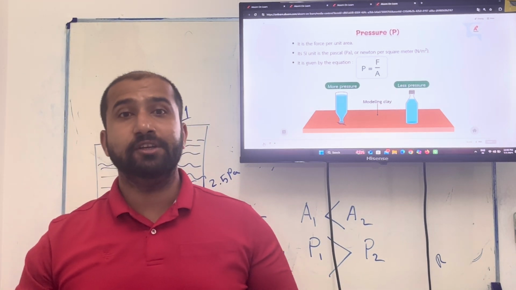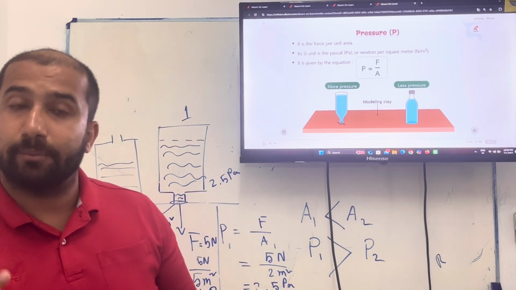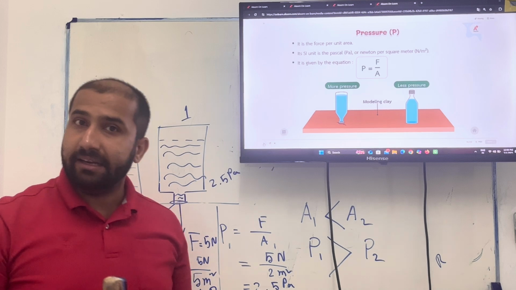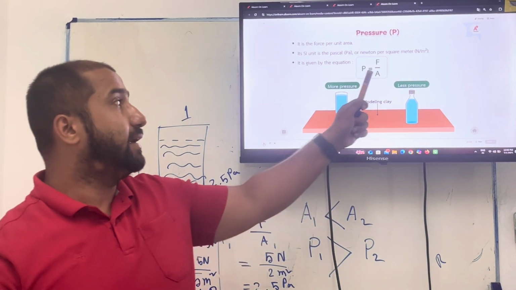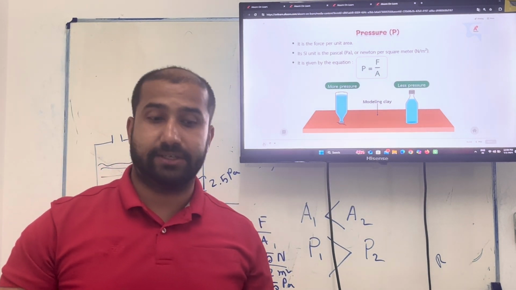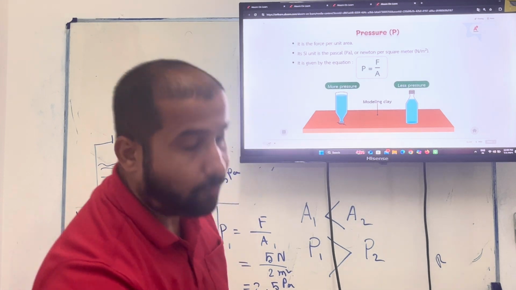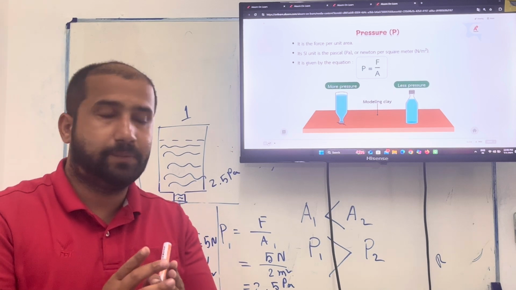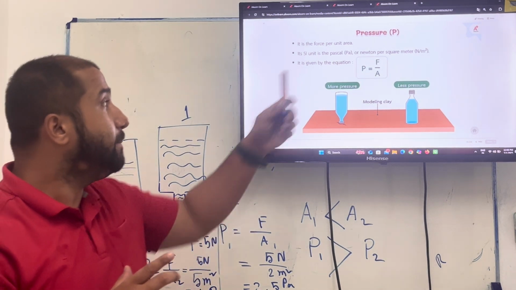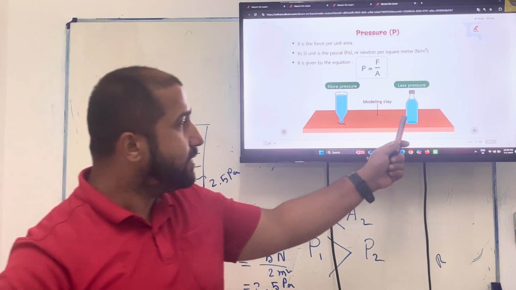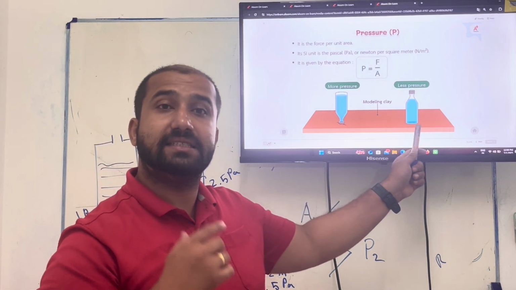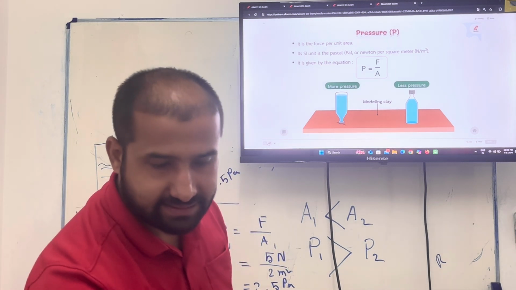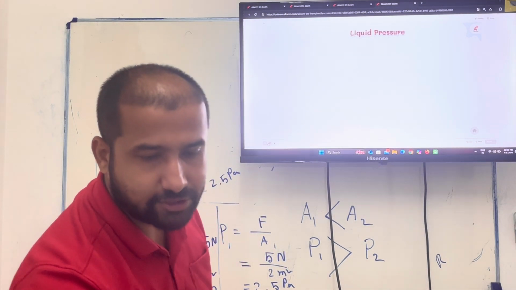Pressure depends on the amount of force the bottle is exerting, that is F, and also depends on the area on which it is exerting the pressure. Now, if the area is smaller, then the pressure will be more. If the area the force is exerted on is more, the pressure will be less.